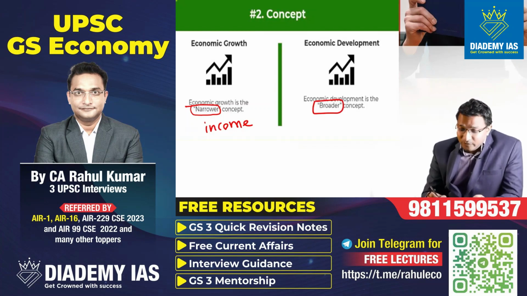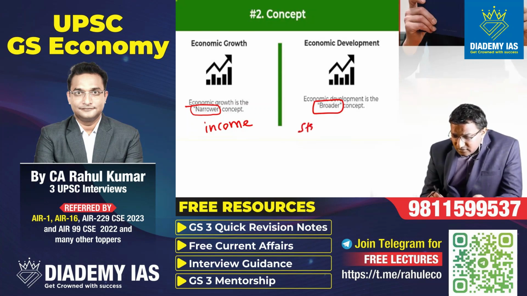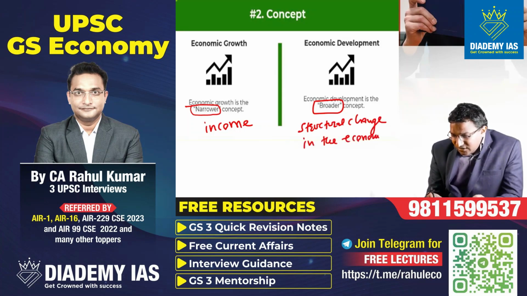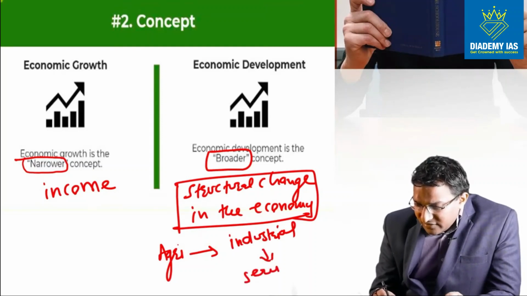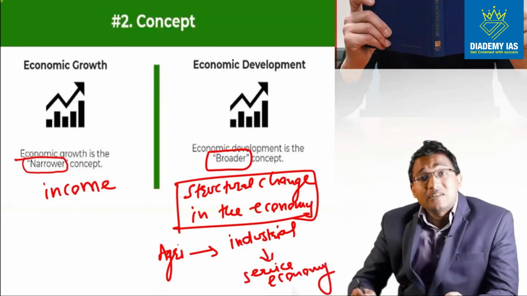At the same time, economic development is mostly structural change in the economy. What is structural change? That means the country is moving from an agriculture-based economy to an industrial-based economy, and from industry to a service sector economy. We can see examples like the USA.